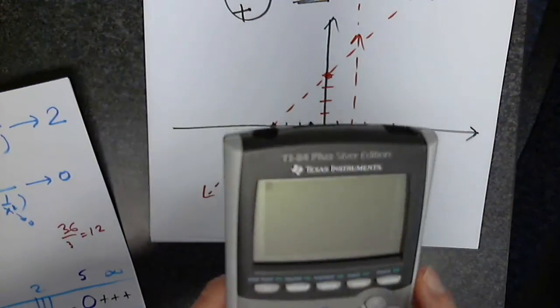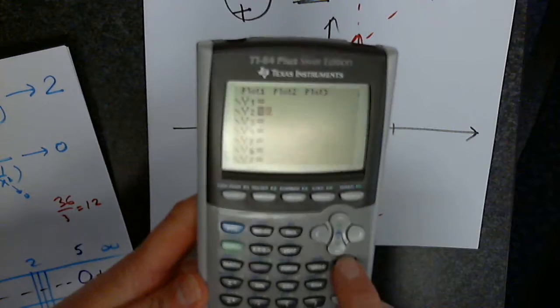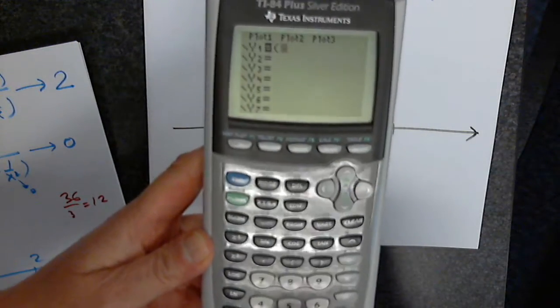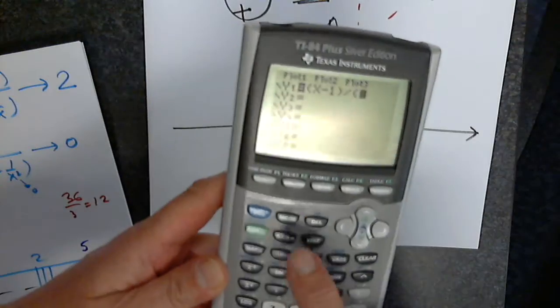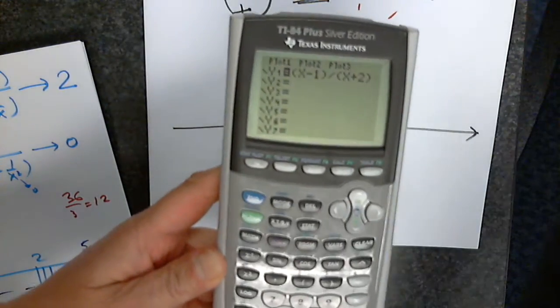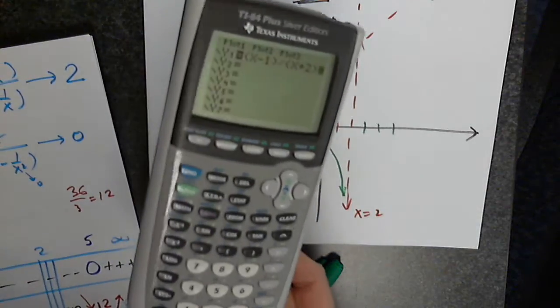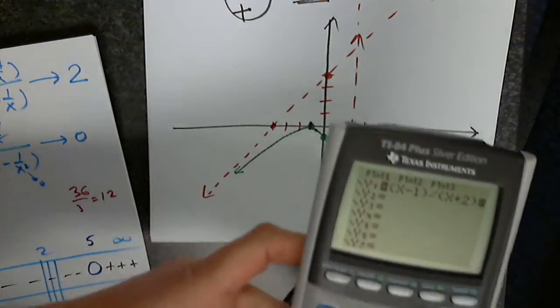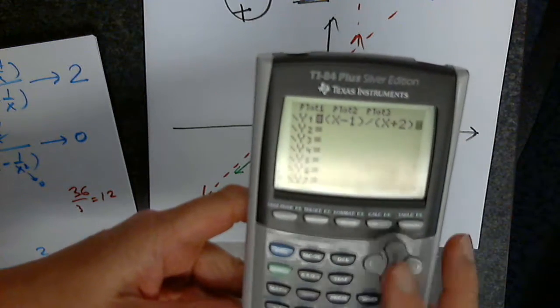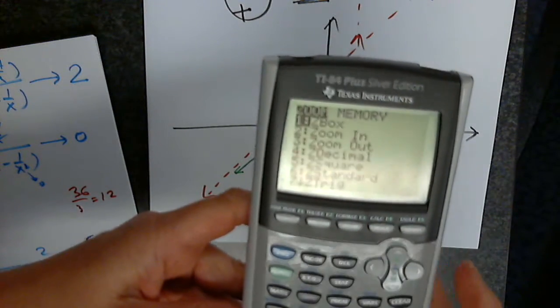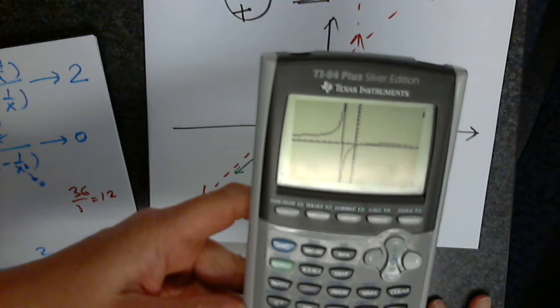So in my calculator, for example, if I want to graph, let's say, x minus 1 divided by x plus 2, I know the vertical asymptote will be at -2. So I will put zoom 6, and here it comes.